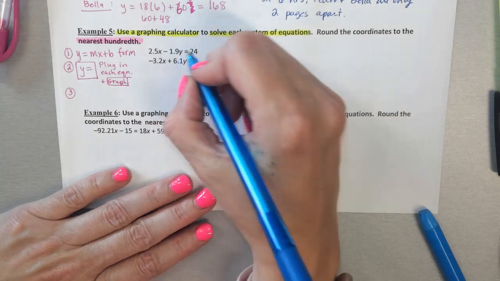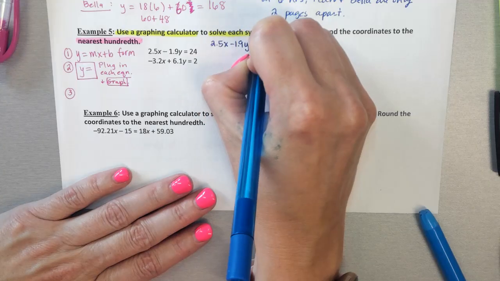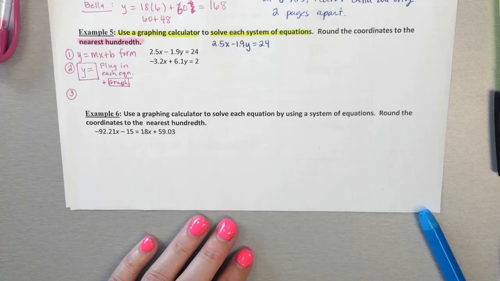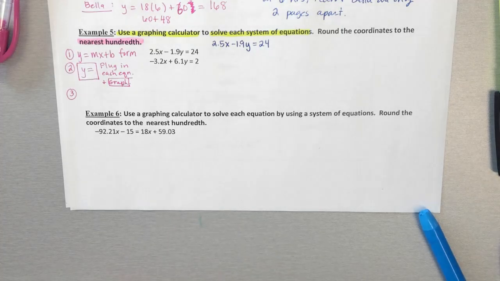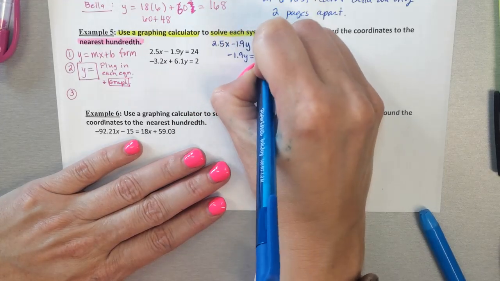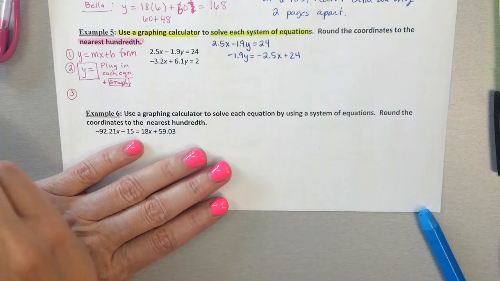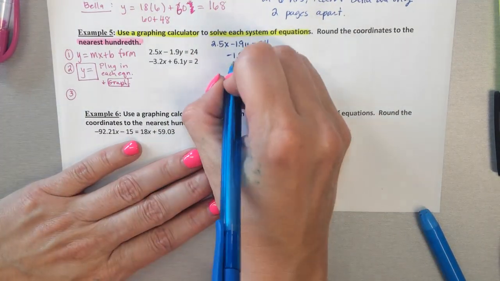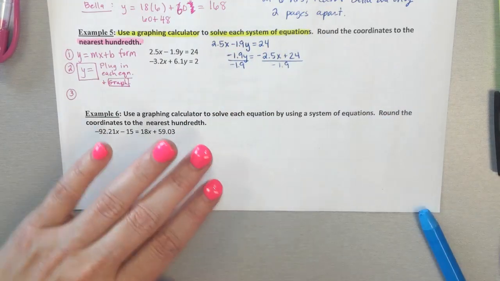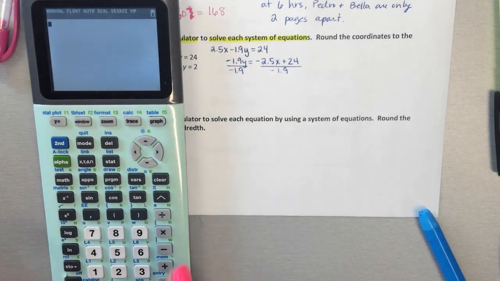So we're going to take this equation, 2.5x minus 1.9y equals 24, and we're going to put that in the proper form. So when I move over the 2.5x, it has to be negative. Minus it from both sides. And then we're going to divide by negative 1.9. Because it tells me to round to the nearest hundredth, I'm going to make sure I do that.